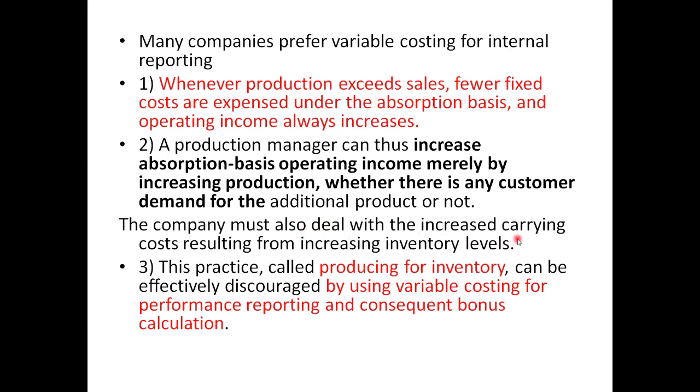The company must also deal with the increased carrying cost related to the increase in inventory. This practice, called producing for inventory, can be discouraged or managed by using variable costing for performance reporting and the consequent bonus calculation.